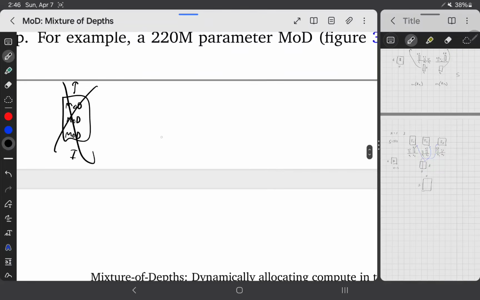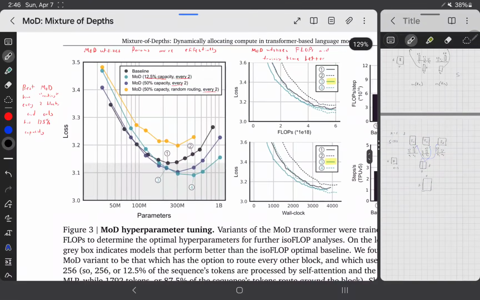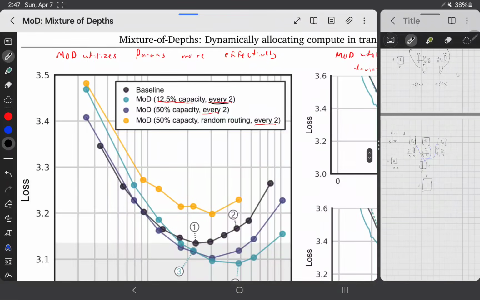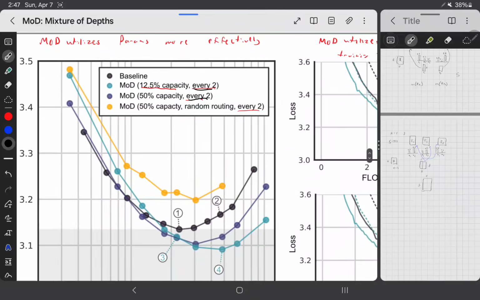This works a lot worse than if you do MOD and then a full transformer layer, and then an MOD, and then a full layer, and you just alternate between MOD and your full transformer. So yeah, every two. They mentioned that's the best they found. It's better than doing it every layer.